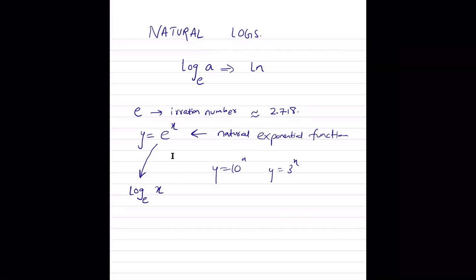So if you convert this natural exponential function to the log form, that is known as a natural logarithm. So log to the base e of x is called the natural log function or logarithm.